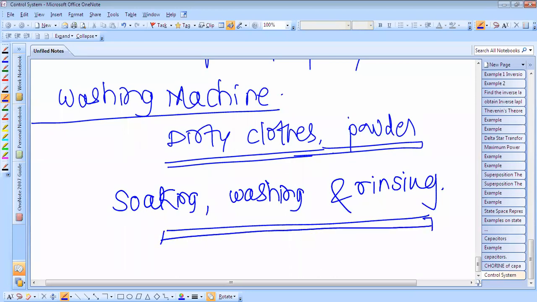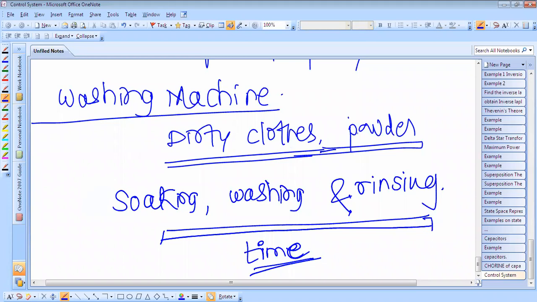But there is no guarantee whether your clothes are clean, because there is no provision to check whether the clothes are clean or dirty. This is all based on time. The soaking, washing and rinsing time is set in the washing machine for, suppose, 10 minutes or 20 minutes. It will do all these operations.